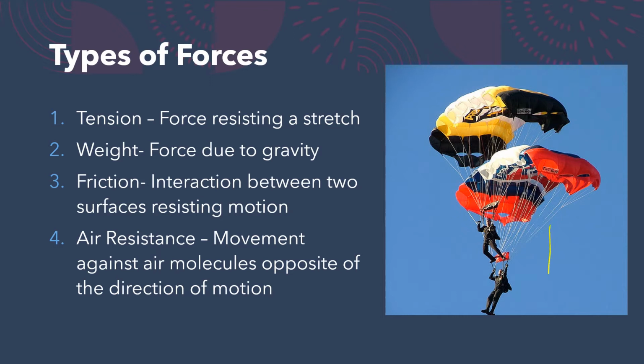So gravity is pulling them down this way, so that's their weight. Okay? And the air resistance is the resistance of those air molecules running into these parachutes, right? And when they do that, they're going to push that parachute up. So the person's pulling the parachute down, air is pushing the parachute back up. So that air resistance force, again, is in the opposite direction of motion.